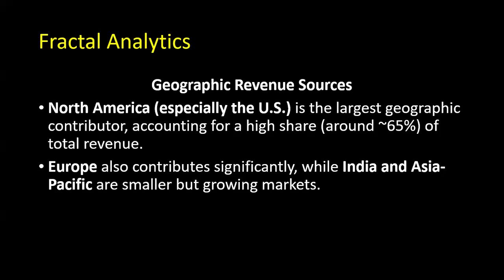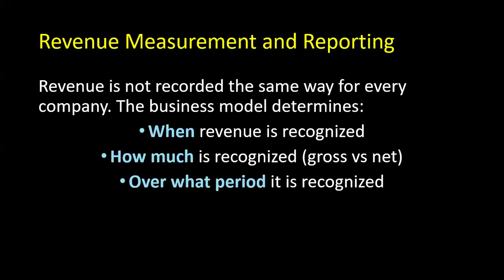So, to summarize the revenue measurement and reporting, though there is a standard, Ind AS 115, revenue is not recorded in the same way for every company. The business model determines when revenue is recognized, how much is to be recognized, and over what period it has to be recognized.